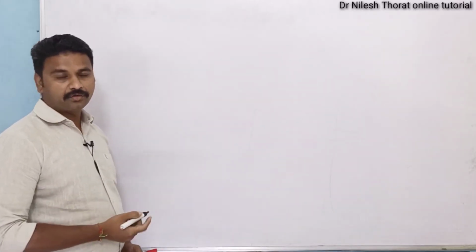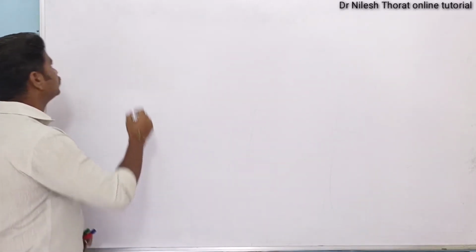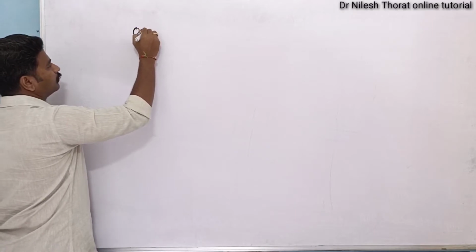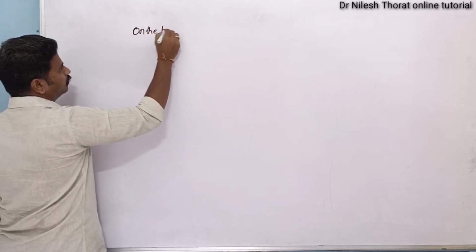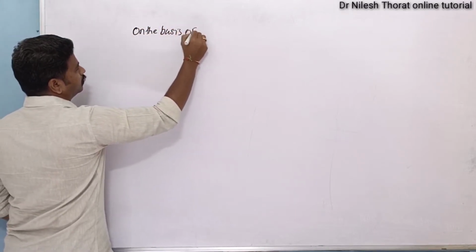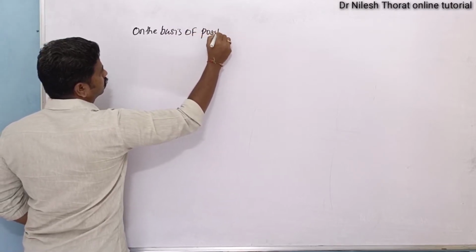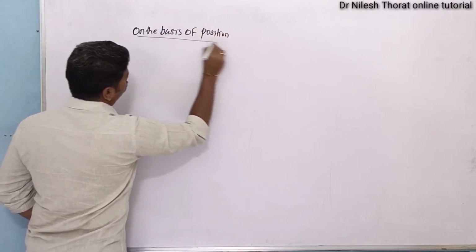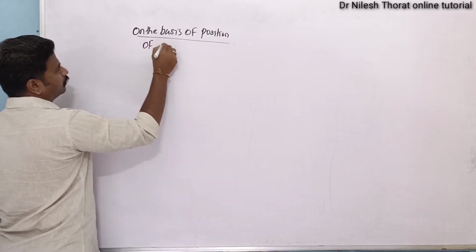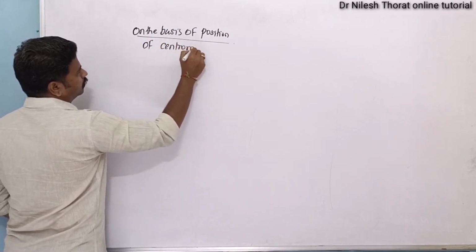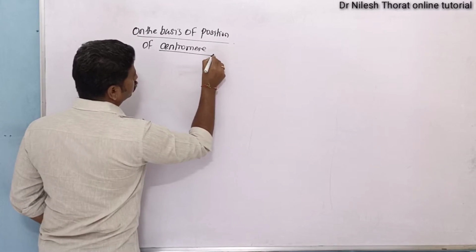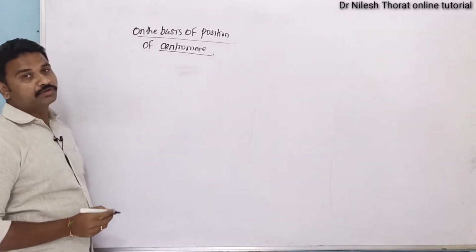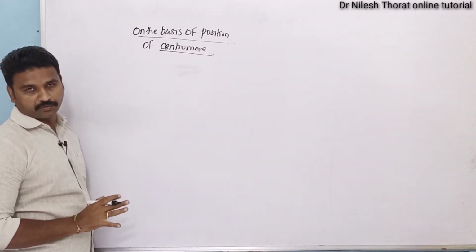So on the basis of position of centromere, there are four types of chromosomes.